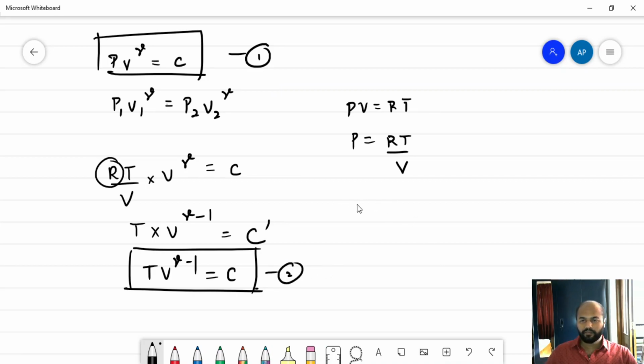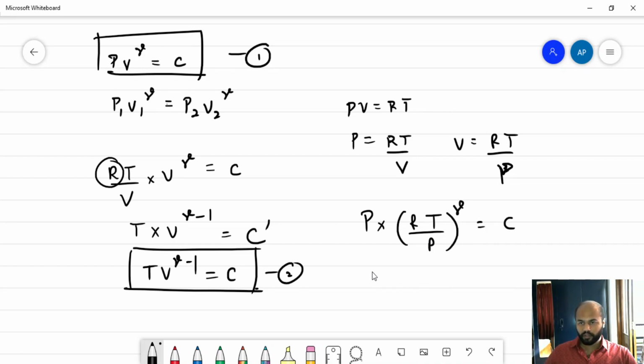Now the third time what we do is, instead of volume we will write RT by P. So we will get a relation between pressure and temperature. So in the first relation we substitute RT by P raised to gamma. Let's see what we get out of this. So R raised to gamma is anyways a constant. T raised to gamma by P raised to gamma is a constant.